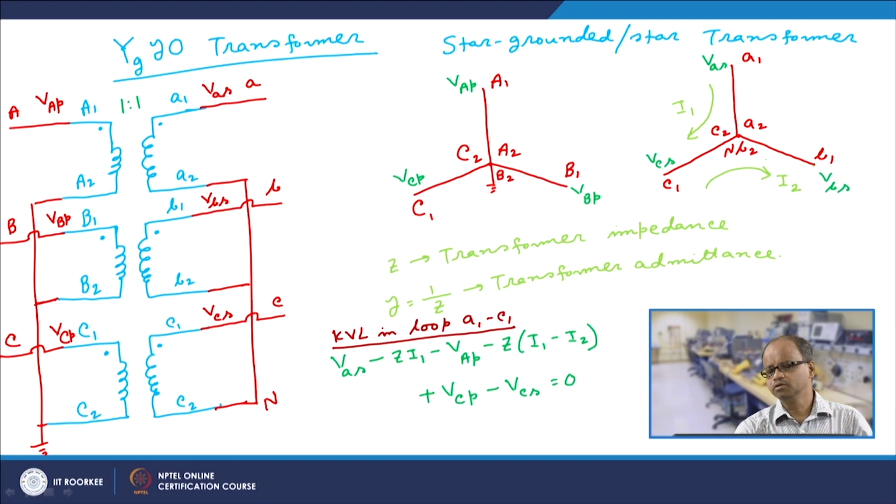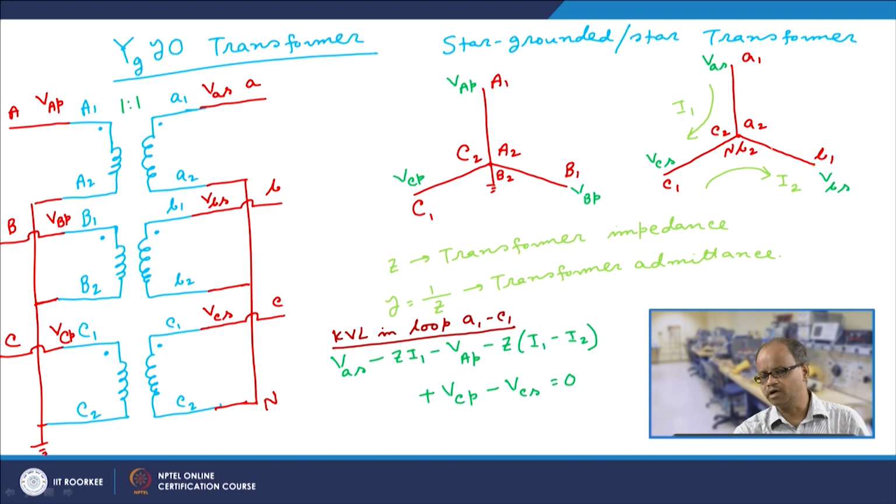Now in this branch the reflected voltage is VBP, but again this VBP is actually rising from this point to this point. So the reflected voltage here at this branch will also be rising from this point to this point.